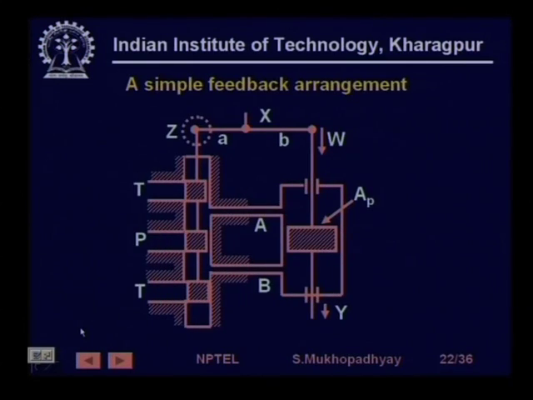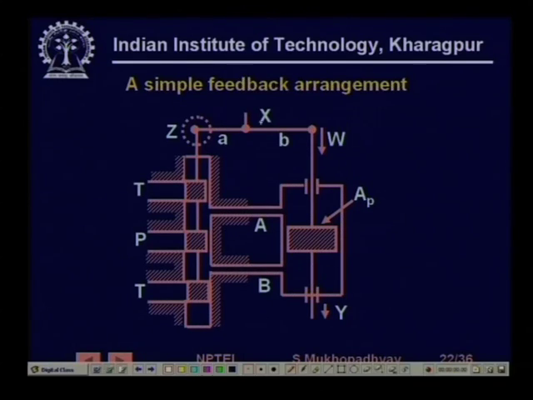This is a little analysis of that feedback arrangement. Suppose you have a valve and an actuator and there is a connecting link. You give an input motion here, what will happen? This will initially shift this way.